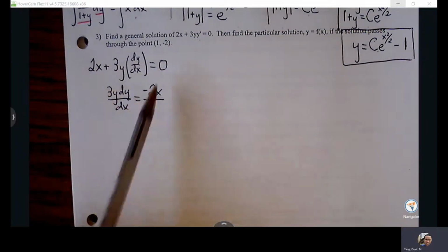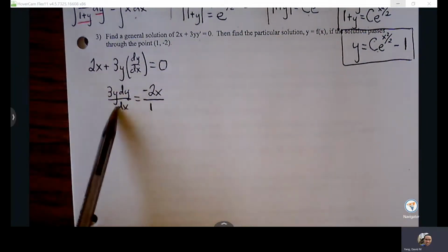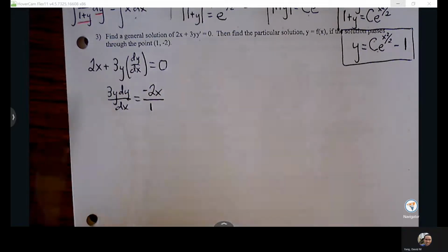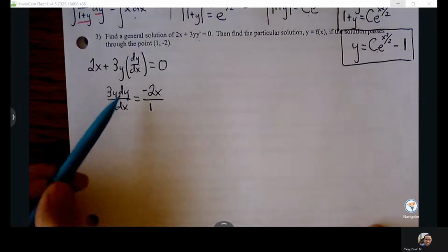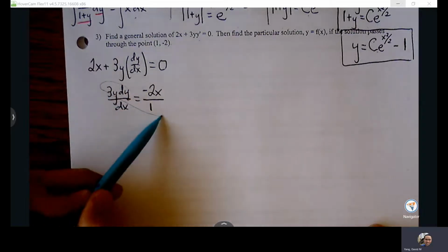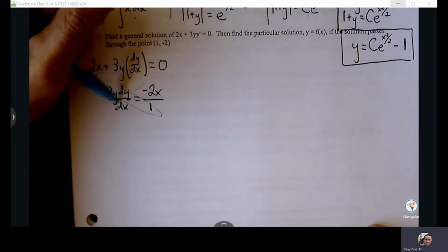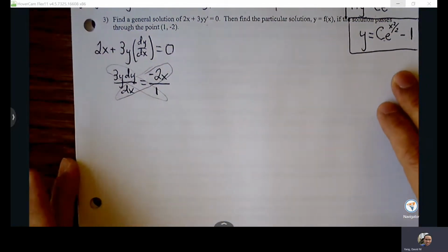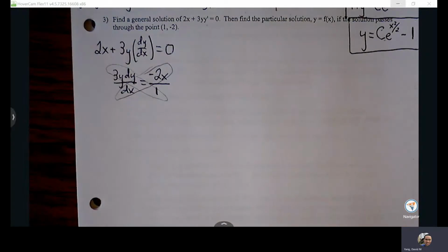Okay, so I subtracted 2x. I made the numerator and denominator a little bit clearer. Again, I like to take this cross multiplying step because it locks the dy and dx into their spots. Okay, any questions up to this point?